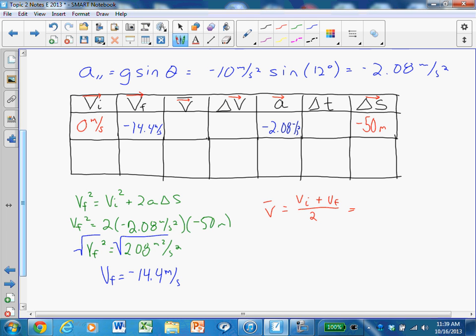So I can give you some points. Oh, and it's negative. Okay, so I've switched pens so much that the colors really make no sense. So now delta V is VF minus VI, which is negative 14.4.